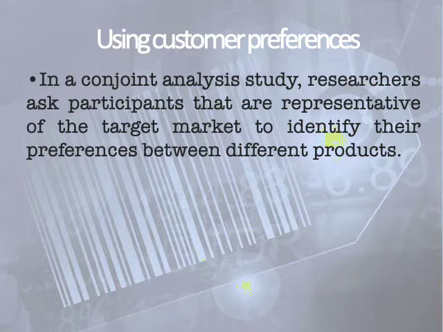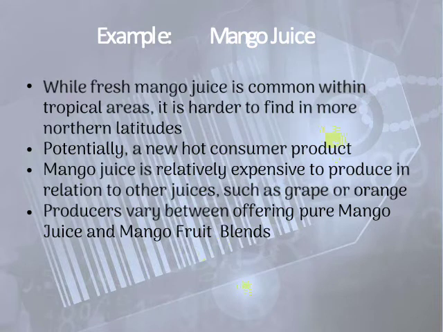Okay, so let us have an example now to demonstrate how conjoint analysis can reveal a customer's part-worth utility function. Now let's use a simplified example with a mango juice in the following slides. So here we have this example, the mango juice.